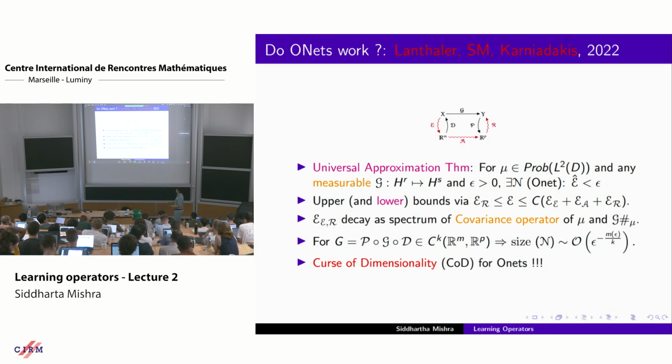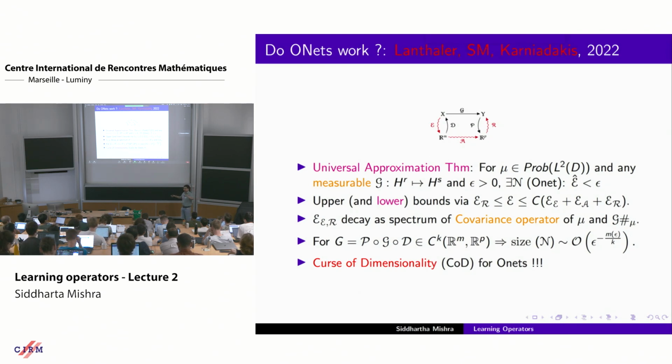It turns out the DeepONets also have the same property, independent of this representation equivalence, that as long as you have, for instance, a mapping between Sobolev spaces, and if you take a measure, which is a probability measure on L2, with respect to this, if you have measurability, then there exists a DeepONet or a neural operator in general, because this can also be a shallow one, which has arbitrary accuracy.